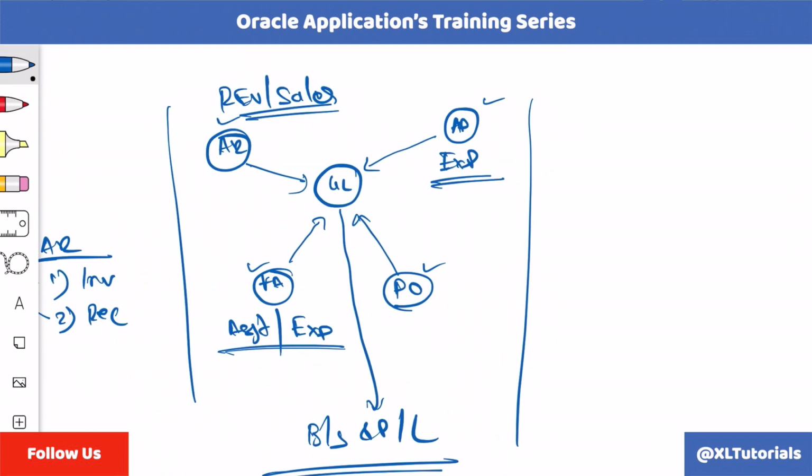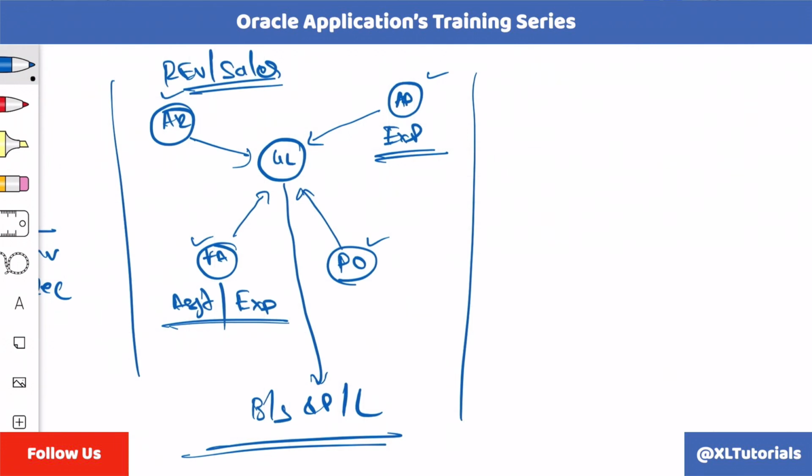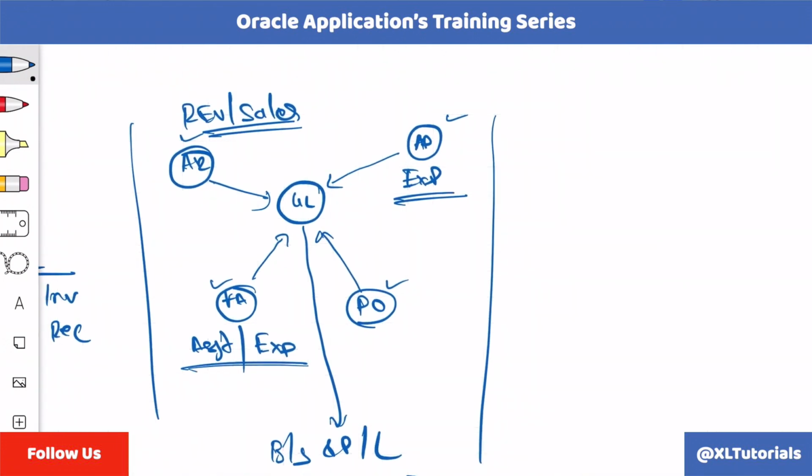These sources could be the individual modules of that ERP, or something totally external. Here, if I'm talking about the Oracle environment, GL is taking data from AP, AR, and FA, but it's also possible that your organization has only implemented Oracle GL.